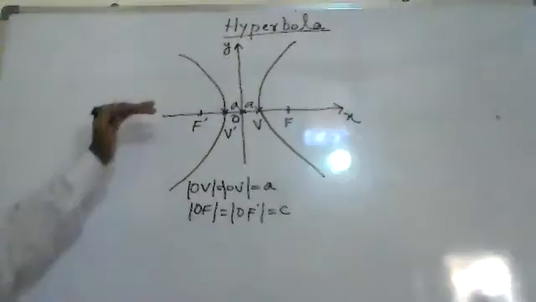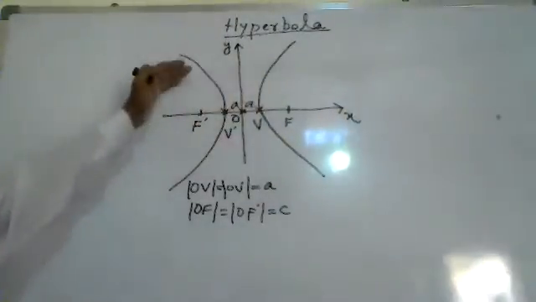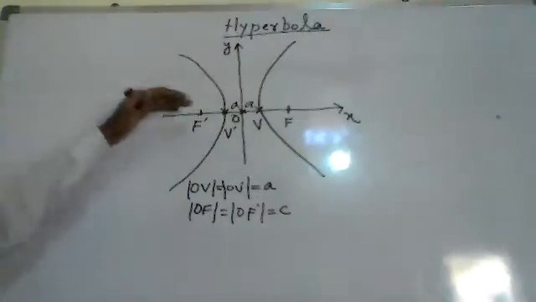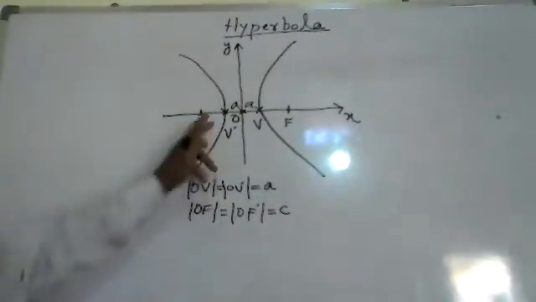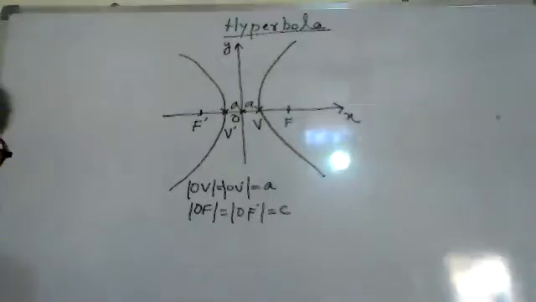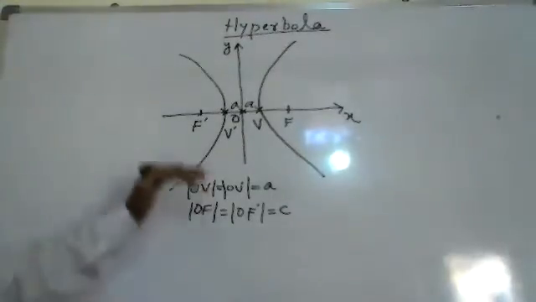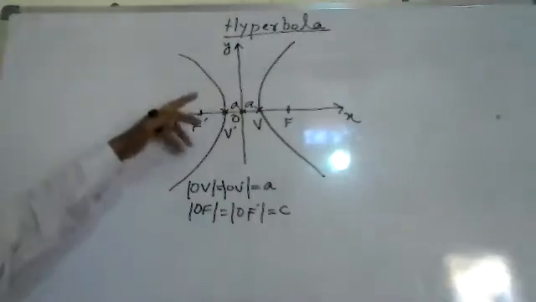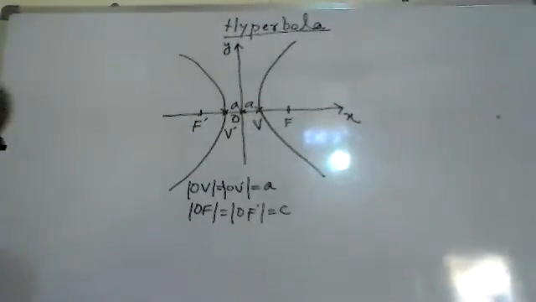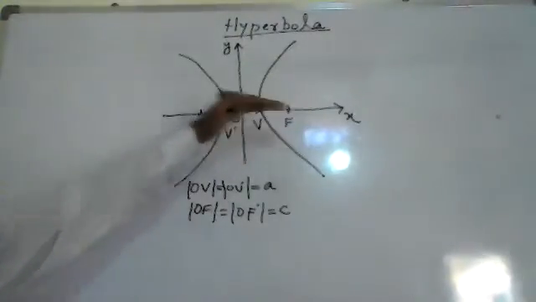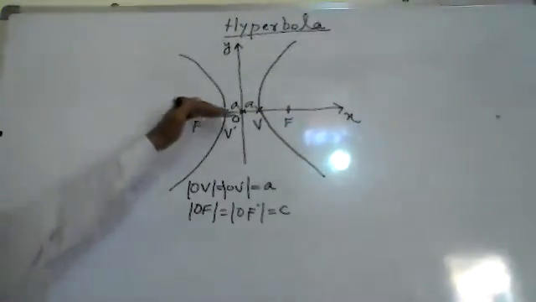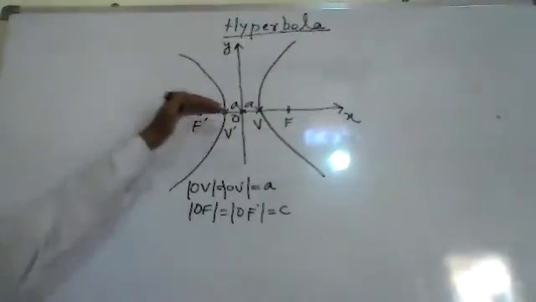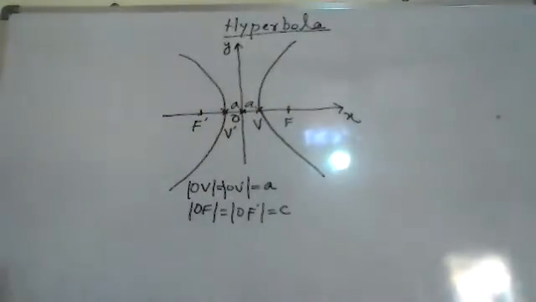The symmetrical line which is dividing the hyperbola into two equal parts and passing through the vertices is called the transverse axis. Now in this case, the transverse axis is along x-axis.